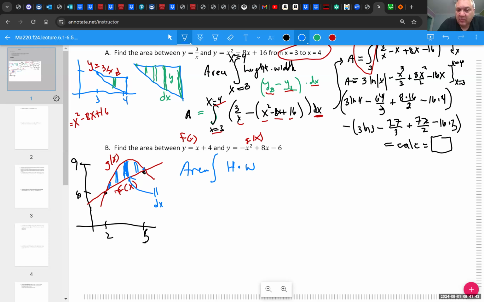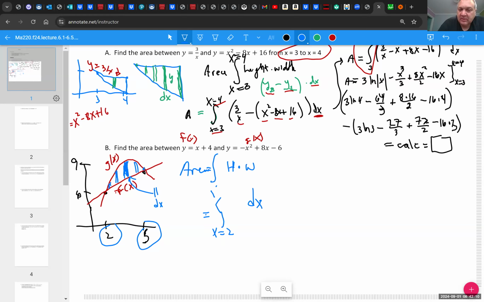Because my width is dx, everything else has to be in terms of x's. So area equals. The limits on the integration have to be in terms of x's. So what's the smallest possible x? It's 2. And what's the biggest possible x? It's 5. So we know the limits here are x equals 2 up to x equals 5.